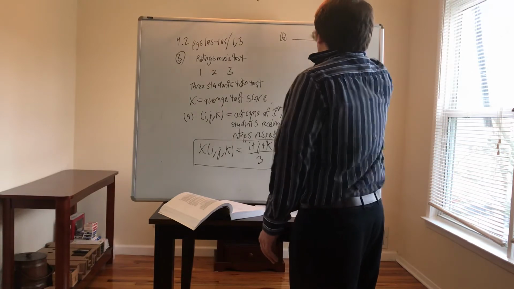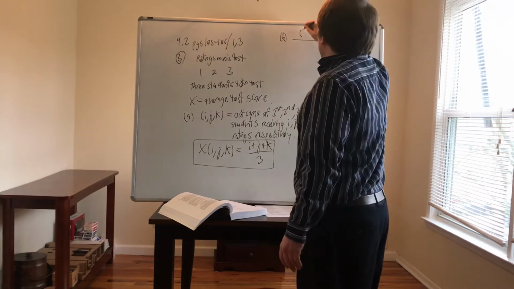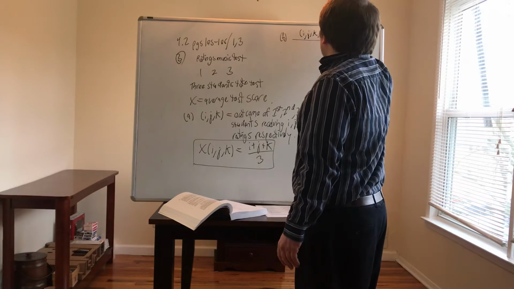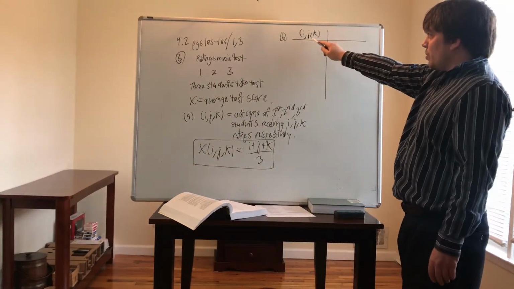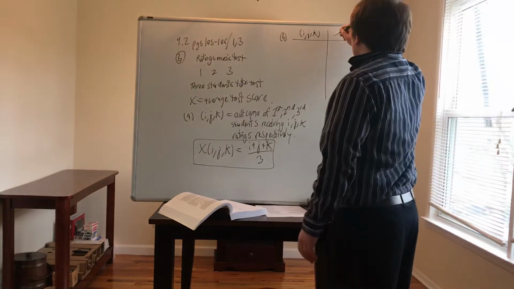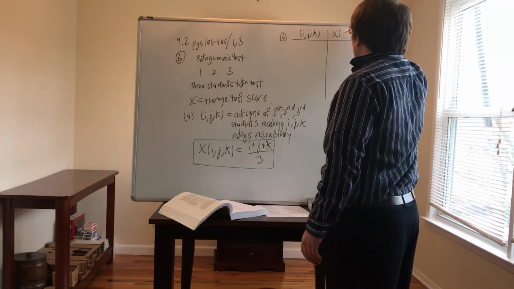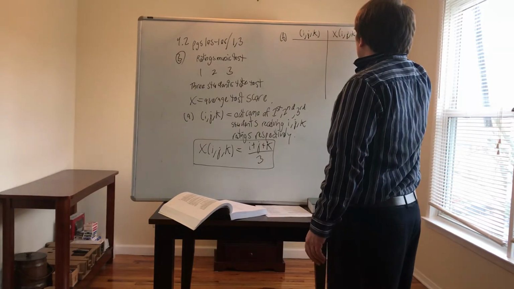Here on the first column, I'm going to put the outcomes I, J, K. These are all the possible outcomes I, J, and K, where I is 1, 2, or 3, J is 1, 2, or 3, K is 1, 2, or 3. And then the next column is going to be the value of X at that outcome.